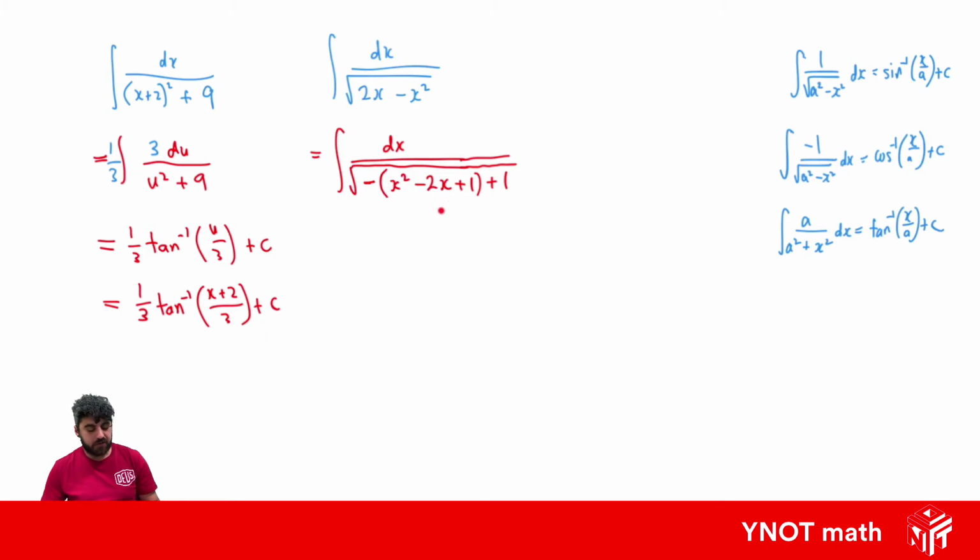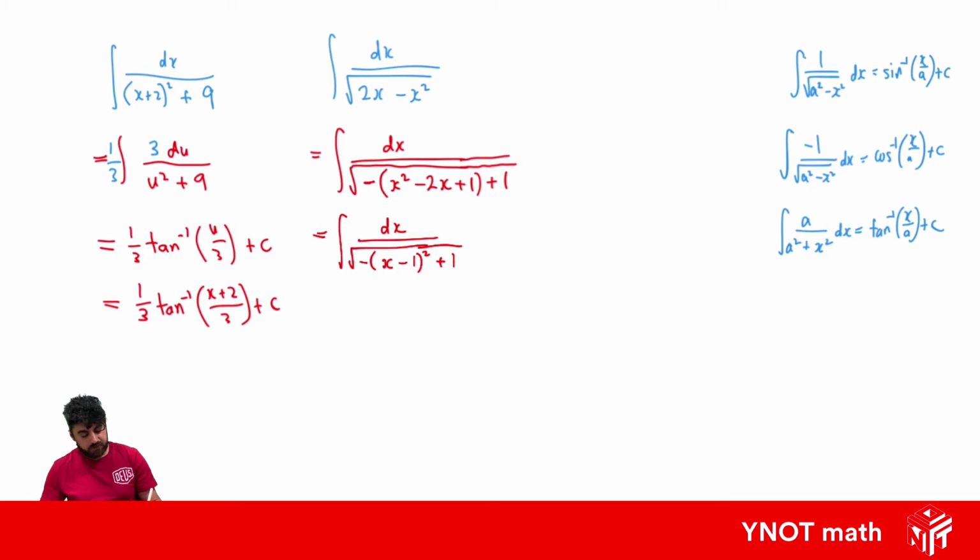But now we have a perfect square inside this bracket, and we can factorize it. So we're going to get the integral of dx over the square root of minus, this is just going to be x minus 1 all squared, and we're going to have the plus 1 on the end there.